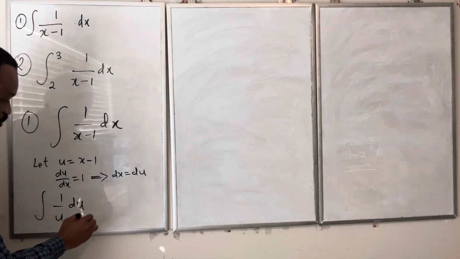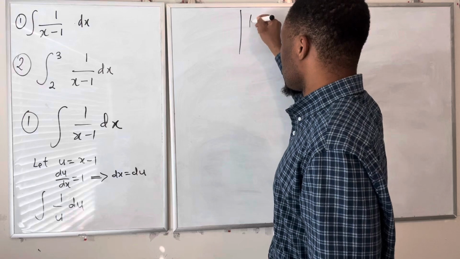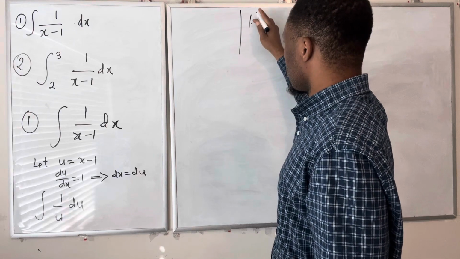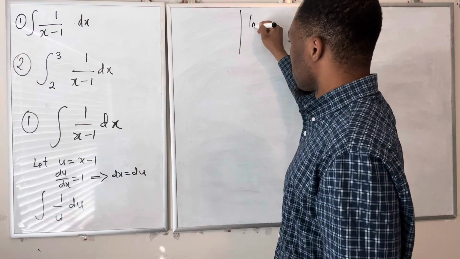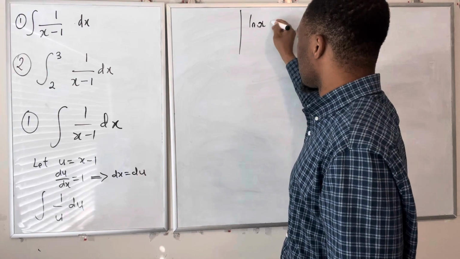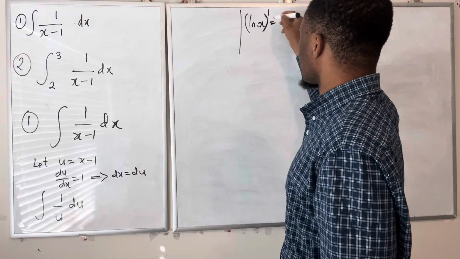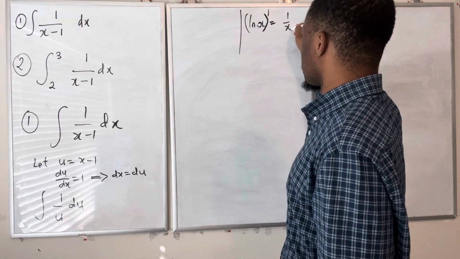Now recall we solved in this class that when I differentiate ln x, ln x prime is equal to 1 over x.